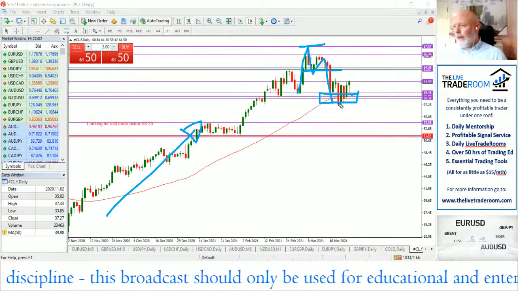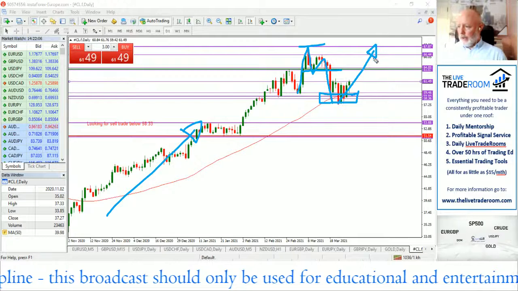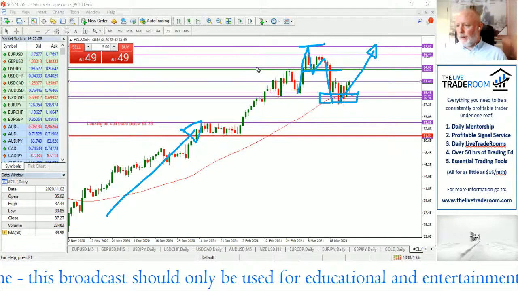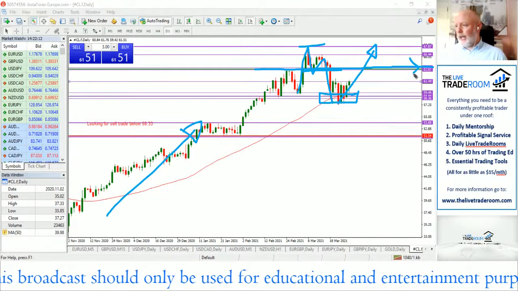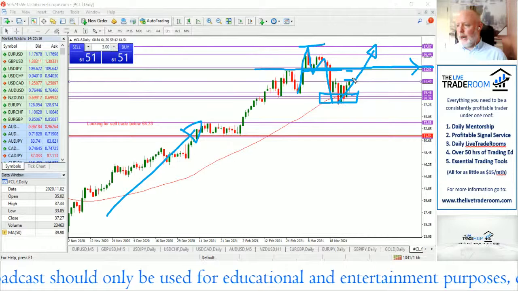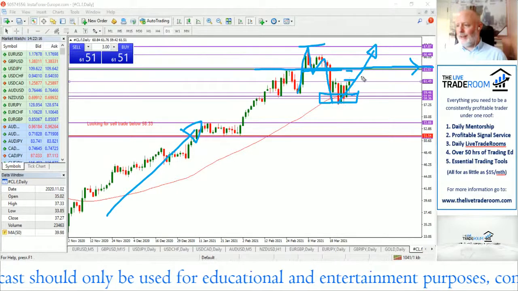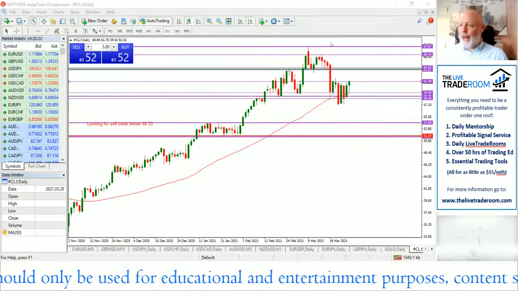And from here, there is every opportunity to continue to push higher. Just be mindful, we are trading below the monthly high, just up at these highs. So if we come into resistance around these levels, don't be surprised. You want to weigh that up.